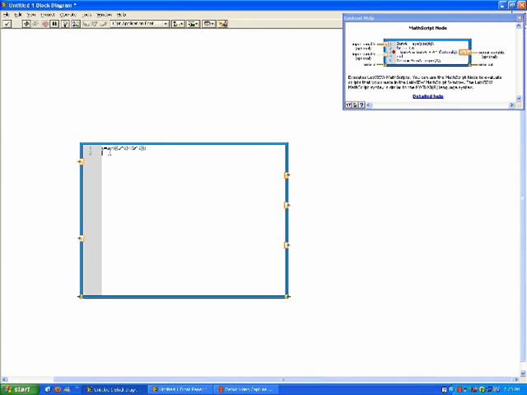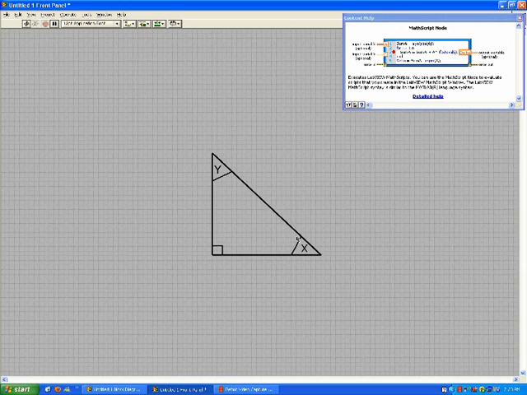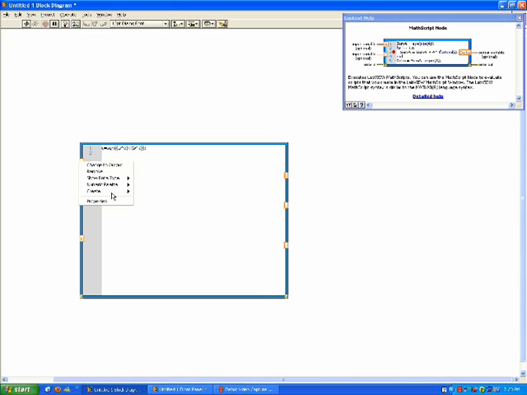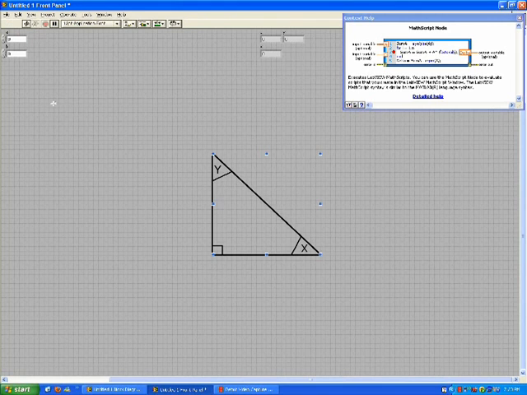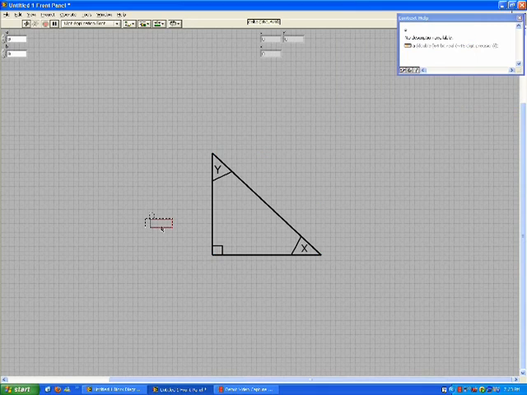To get X, we know that this angle, well, let's first create our controllers. This is A, B, C, X, and Y. Okay. Now we're placing so you can know exactly what I'm doing.